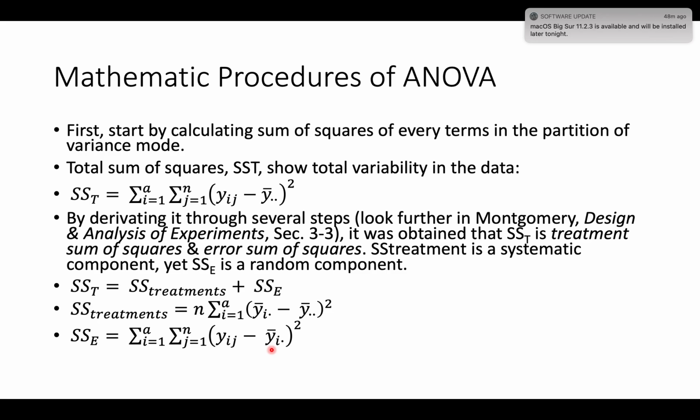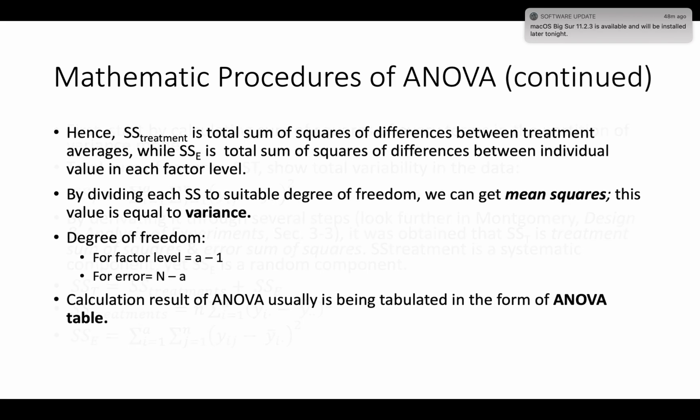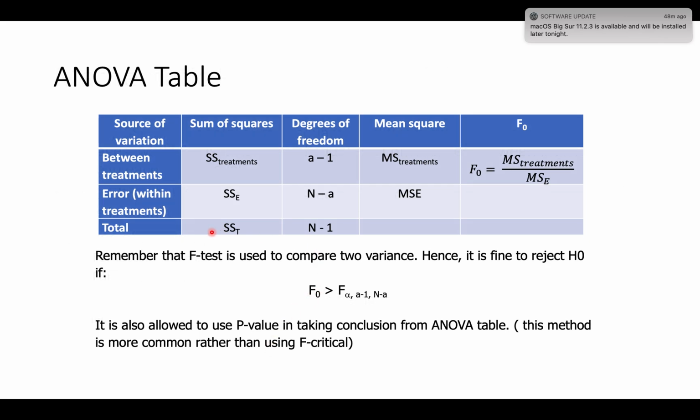If the sum of squares is divided by the appropriate degrees of freedom, we will have the mean square, and the mean square value is equal to variance. If we look at the ANOVA table, the variation between treatments is called the sum of squares of treatment. The degrees of freedom is A minus 1.